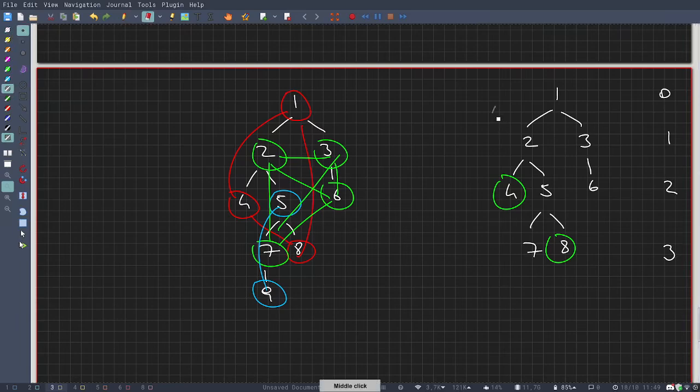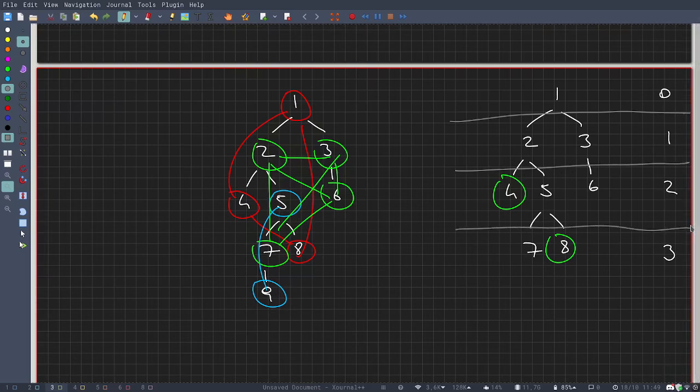Okay, and now if we want to calculate the distance between node 4 and node 8, it's almost the sum of the depth of node 4 and of node 8. But okay, let's draw the path. It's this one.